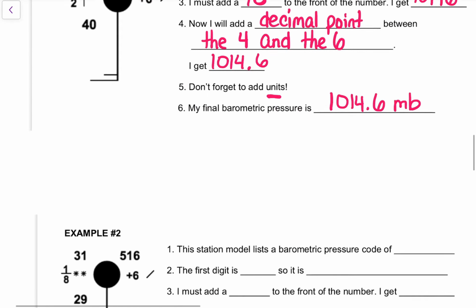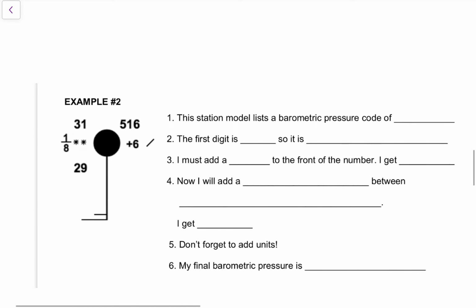Let's try another example. In example 2, looking at the station model, the barometric pressure code listed on the station model is 516. Step 1, this station model lists a barometric pressure code of 516.